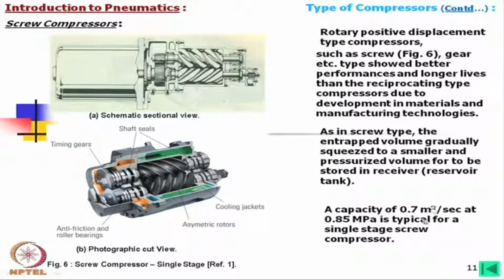So, this volume is not that small in that way. Maybe this value may not be correct, I have to check it. 0.7 meter cube is a very big volume.